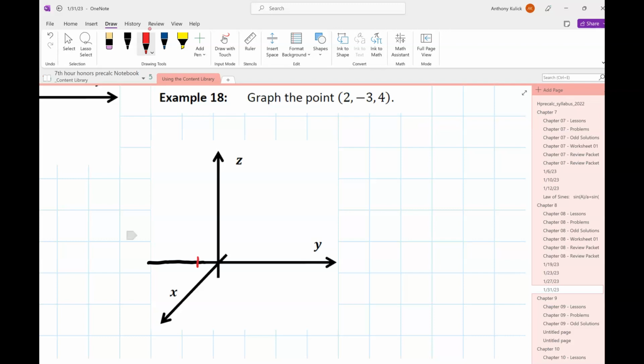So 1, 2, 3 tick marks on the negative y. I'll do 1, 2 tick marks on the x. So I'll draw those 3 vertices. And then I'll draw my parallelogram.